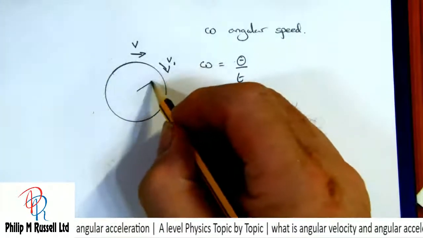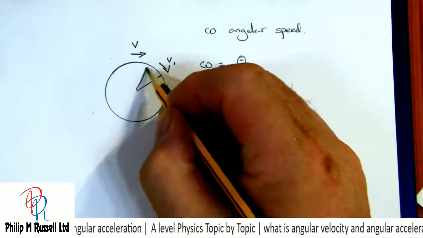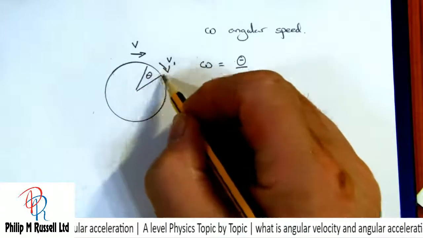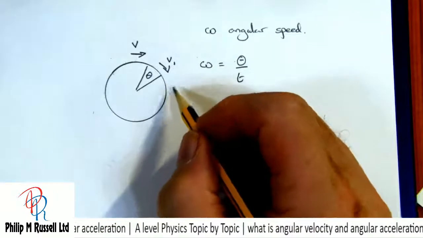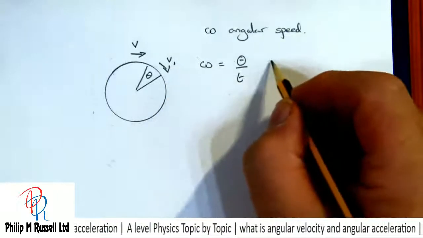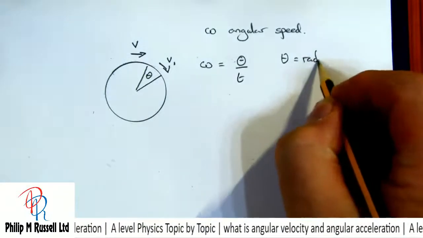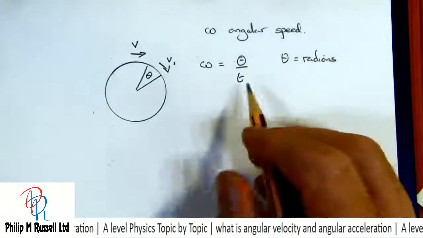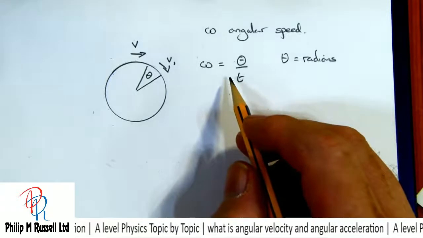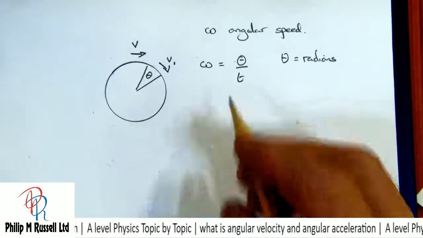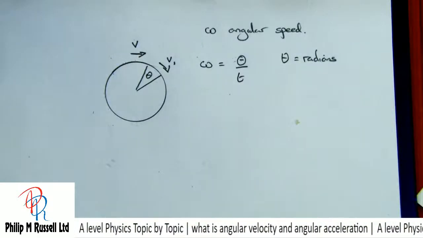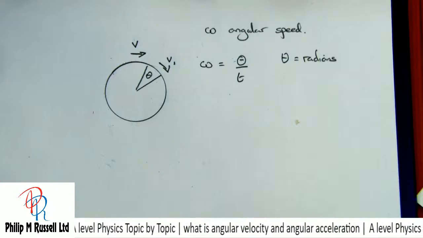So we're going here through an angle of theta, and theta is measured in radians, and we chose to use radians because it's easier to work in radians.